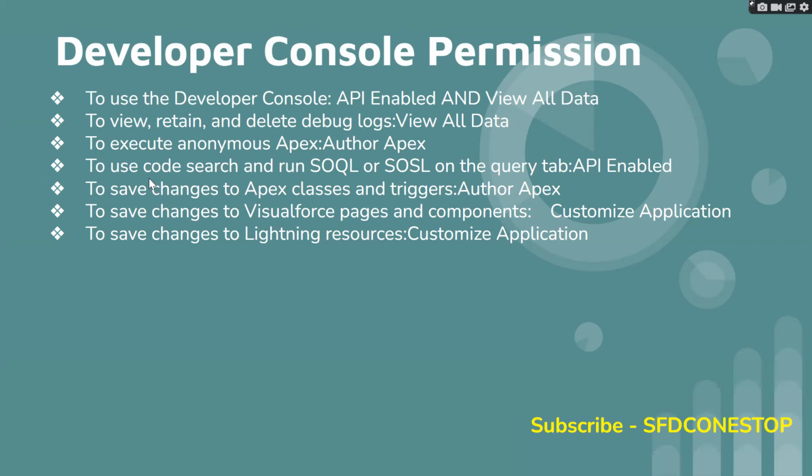And if you want to use code search and run SOQL or SOSL, then you would need the API Enabled permission. Likewise, if you want to save changes to the Apex classes and triggers, you would need Author Apex permission. If you have this specific permission, Author Apex, you can save the changes to the Apex classes and triggers, and very well go ahead and execute the same code in the anonymous Apex.